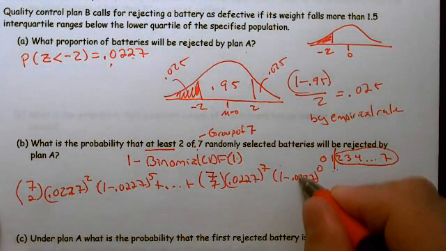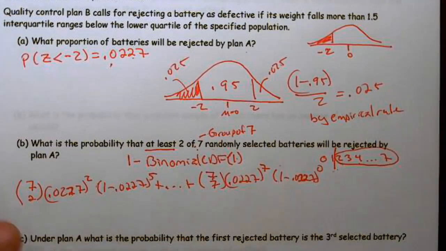This should say 0.0227 right there. I know that's pretty hard to read. Okay, so that would have been work shown.